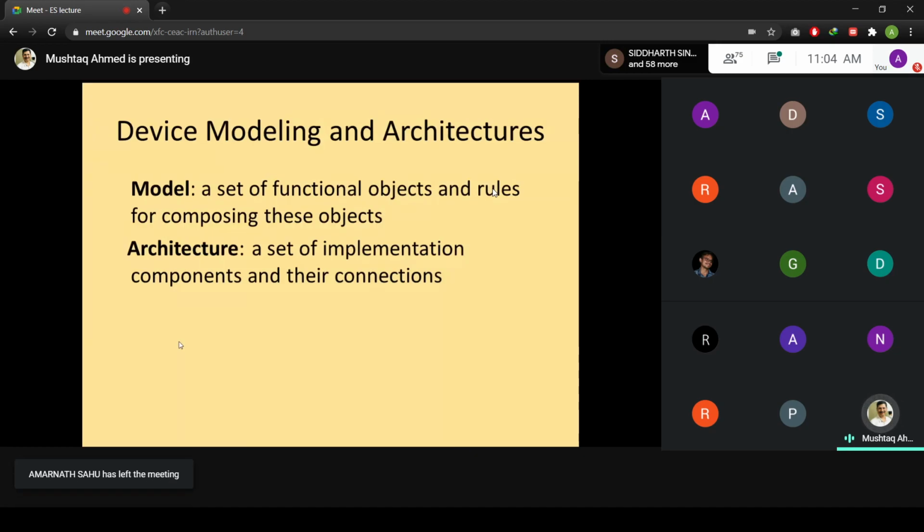And architecture is the implementation of these components and their connection. That means the associativity of one part of the object to another, and what types of triggering would enable the other device to function.